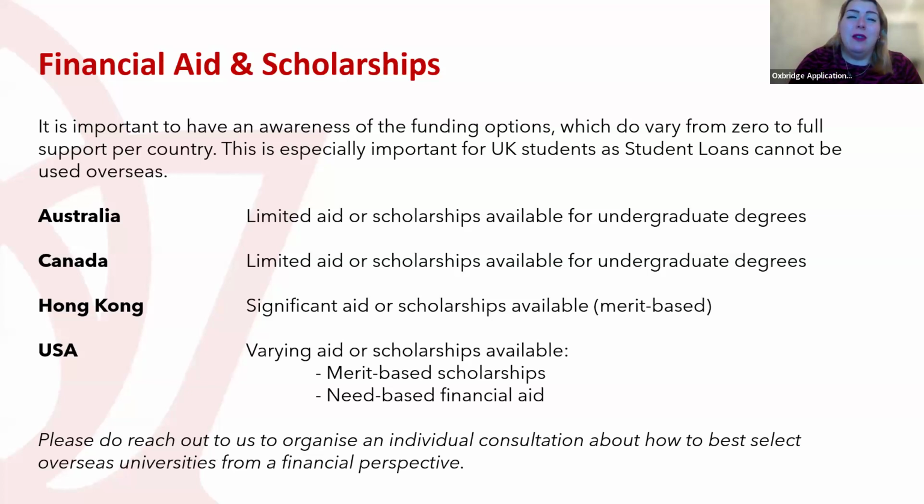They have lots and lots of applications for undergraduate level, so there is no need for scholarships to lure people to apply to those universities. But there are indeed options available potentially on a merit basis, which is automatically given to students when they apply, rather than those that you can apply for. So Australia and Canada are more limited.